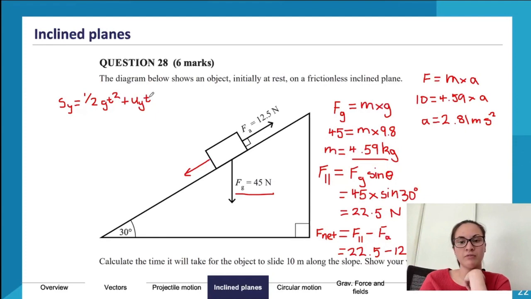Yeah, so we're actually going to modify it a little. Where are we at? Okay. Yeah, so this is going to be half, and this is going to become acceleration, because we're dealing with down.